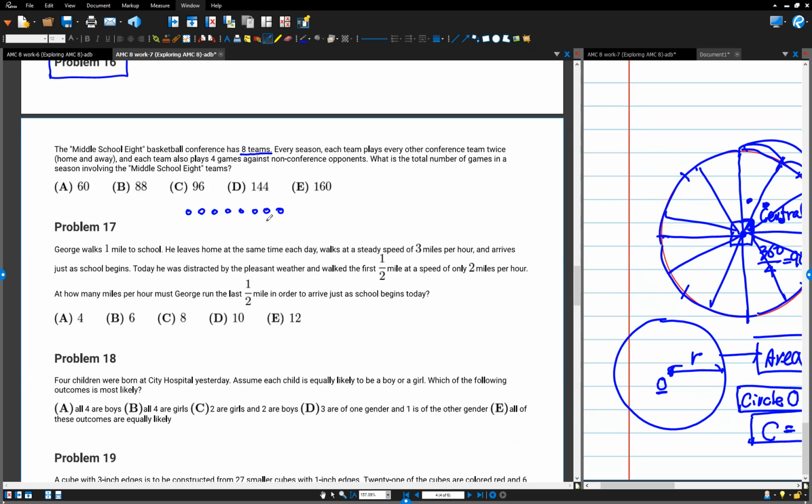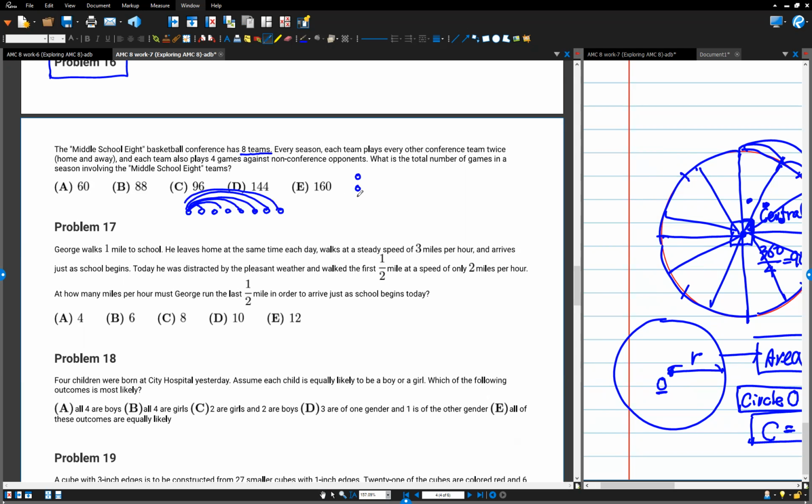The games are twice, right? So if you have this one, 2 games. And each team also plays 4 games against one non-conference opponent. So over here, this is inside, there are a lot of games.